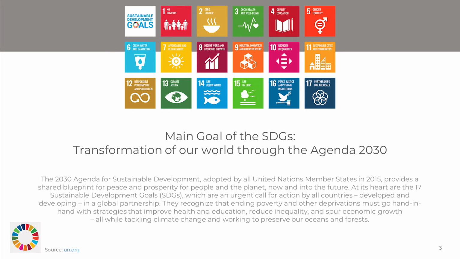At its heart are the 17 Sustainable Development Goals, or SDGs, which are an urgent call for action by all countries, developed and developing, in a global partnership. They recognize that ending poverty and other deprivations must go hand in hand with strategies that improve health and education, reduce inequality, and spur economic growth, all while tackling climate change and working to preserve our oceans and forests.